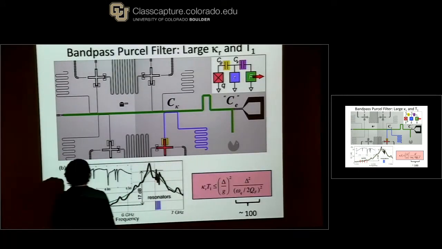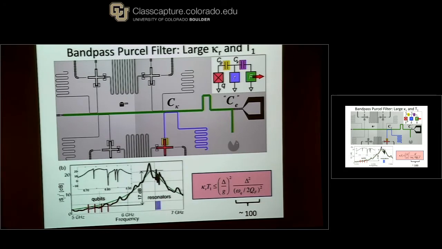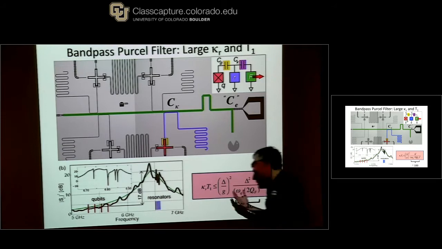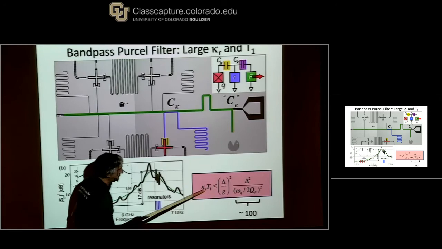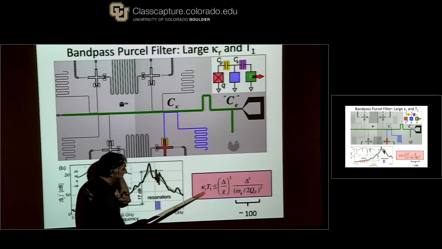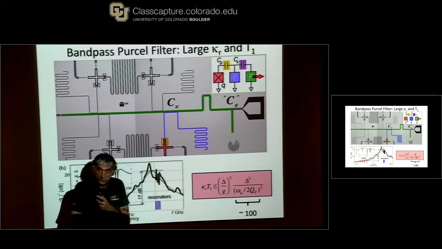Now, one of the problems is that although I told you how doing the measurement quickly also affected the coherence of the qubit. There's a trade-off between how fast we can measure and how fast we can measure, which is this kappa parameter, which has to do with the coupling capacitor there, and what kind of T1 you get, because your measurement circuit actually, even though it's off resonant, damps the circuit a little bit.